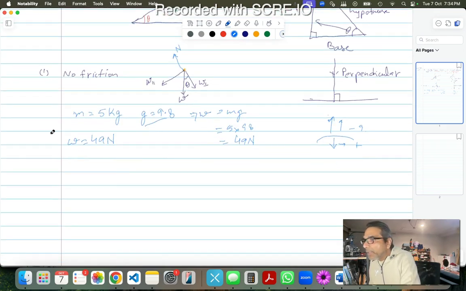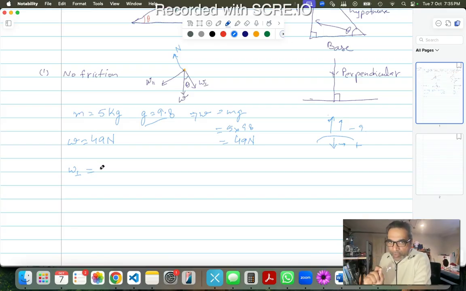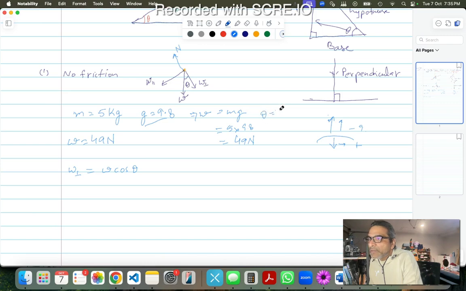Next thing, what will be the perpendicular component? In every case, if it is perpendicular, it will always be cos theta. The given theta is 30 degrees.